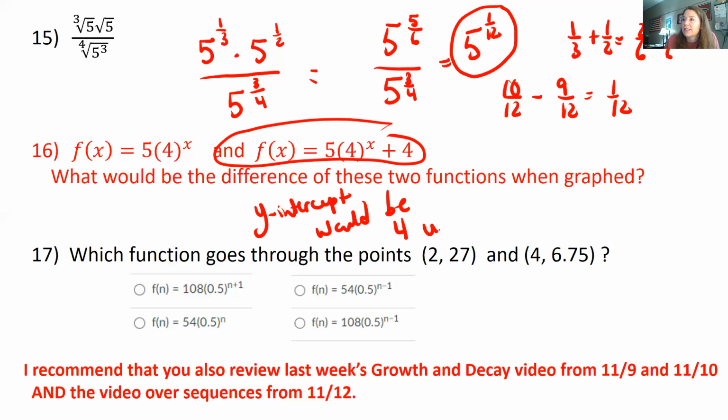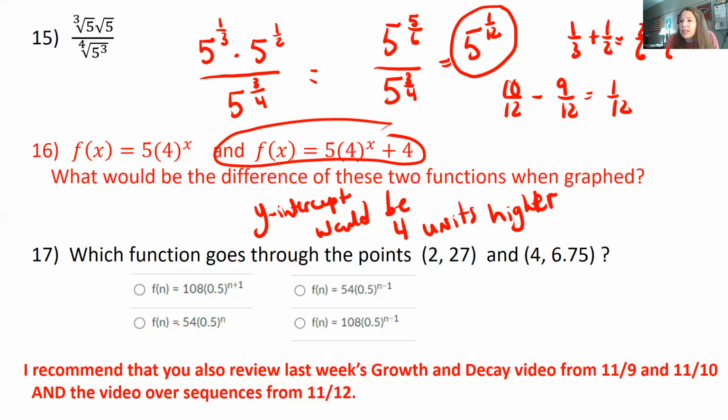I wish I could write and spell. So the y-intercept is going to be shifted up. That's even a better way of saying it. The y-intercept would be shifted up 4 units.